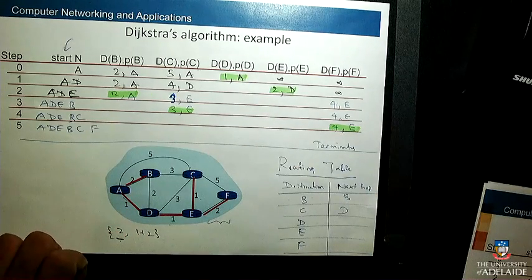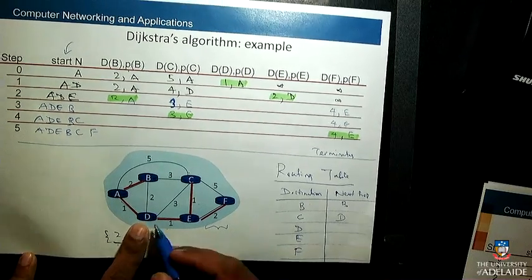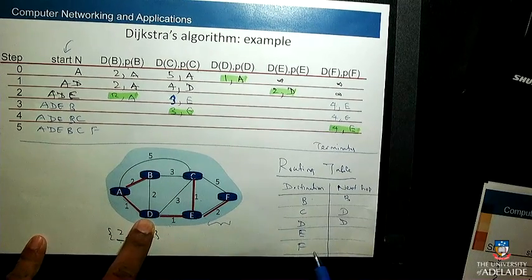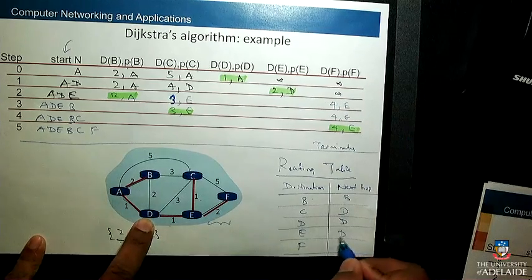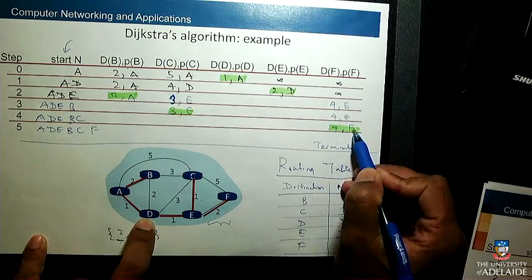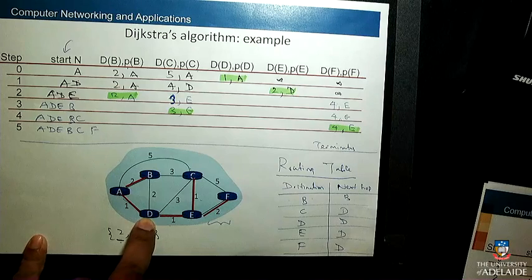Did I make a mistake? If I want to go to D, my next hop is, well, just send it directly to D, sorry. And if I want to go to E, I want to send it to D, right? So my next hop is D. If I want to go to F, I need to send it to E, which means I need to send it to D. So my next hop is D, right?